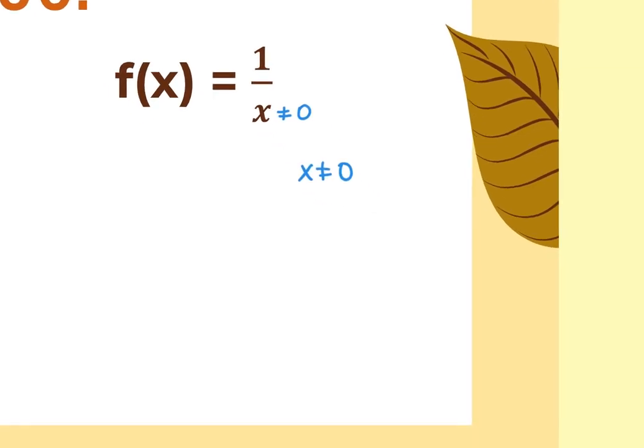You'll either see it like multiple choice, all values except 0. It might look something like that. If it's in interval notation, then it's all the values up to 0, but not including 0, and all the values after 0, but not including 0.